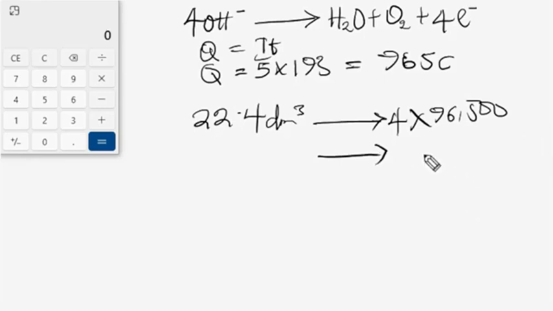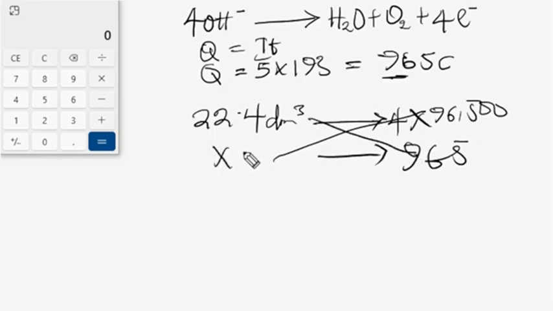Since we have gotten this in coulombs as well, we are going to ask how many dm cube we have in 965 coulombs. As usual, we are going to cross and multiply.